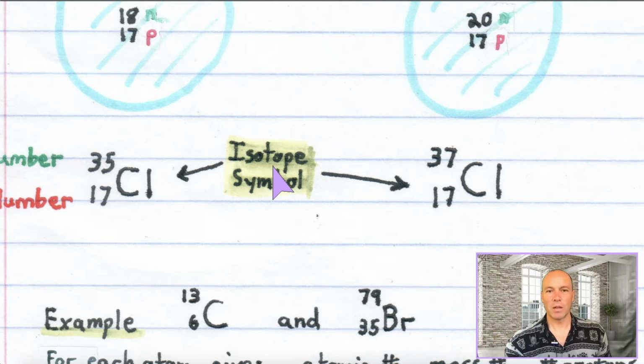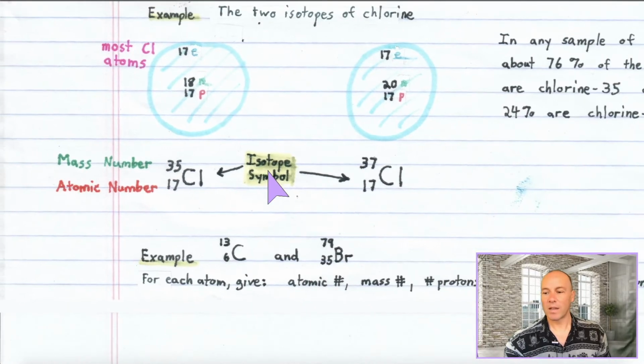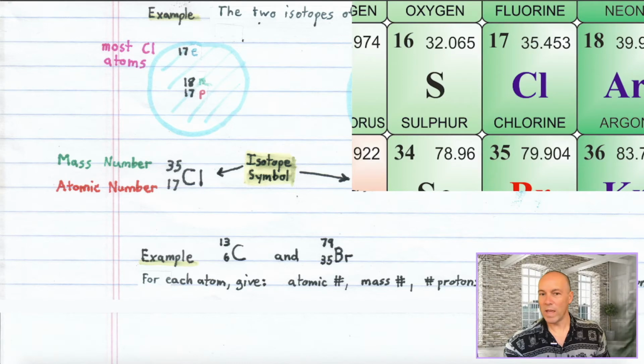So no particular family has 2.5 children, and likewise, no particular chlorine atom weighs 35.45. They either weigh about 35 or about 37. This is like the average weight.